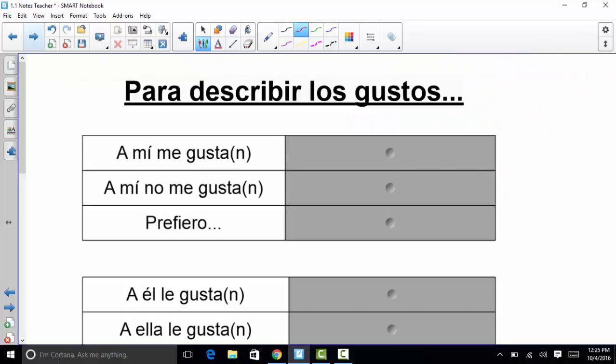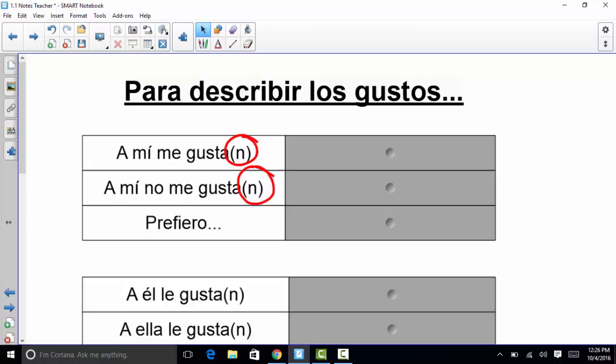Okay, moving on, here are a few phrases that you're going to see all put together with the personal a and the form of gustar. And you're going to notice that this N in parentheses is here. That's just to show you that you can use either gusta or gustan every single time, but it's going to depend on what is being liked in the sentence.